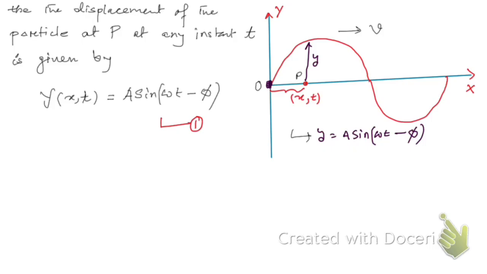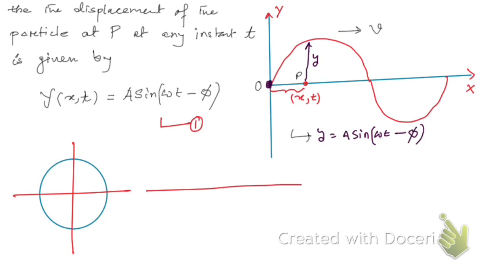Now let me give you a situation. Suppose let us consider a particle is in uniform circular motion, and let me consider a simple harmonic wave here. Now the particle at this position when t is equal to 0, let me take it as number 1.